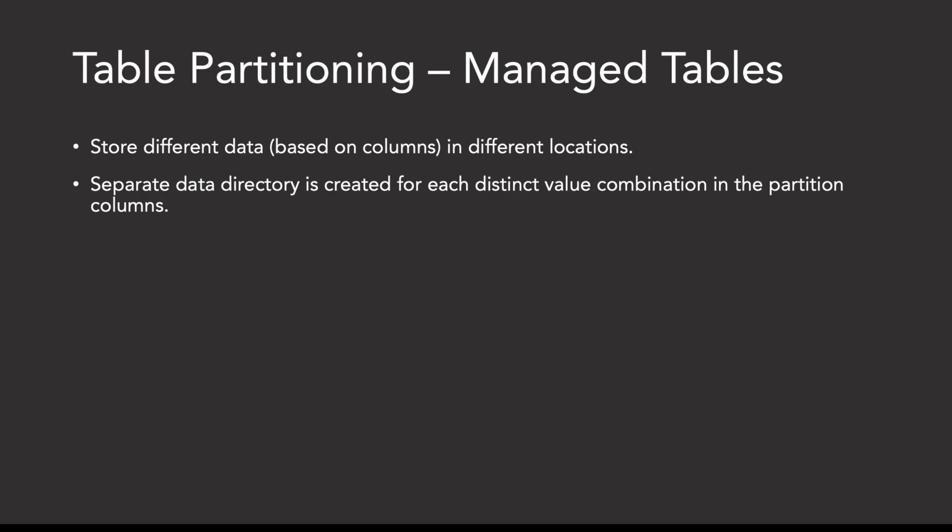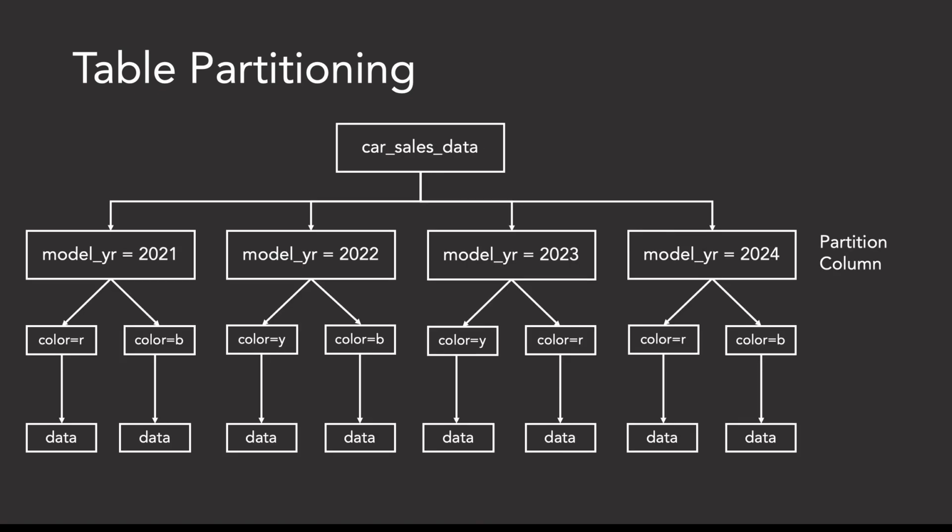A separate data directory is created for each distinct value combination in the partition columns. So you can have model year as the partition key, or you can have model year plus color as the partition key. If you go back to this particular diagram, as you can see, we have two partition columns, model year and color. So this combination of model year and color would render only one dataset, which is much smaller than the entire dataset size.